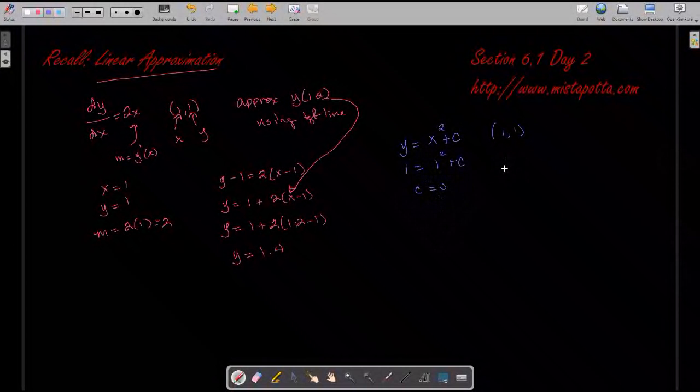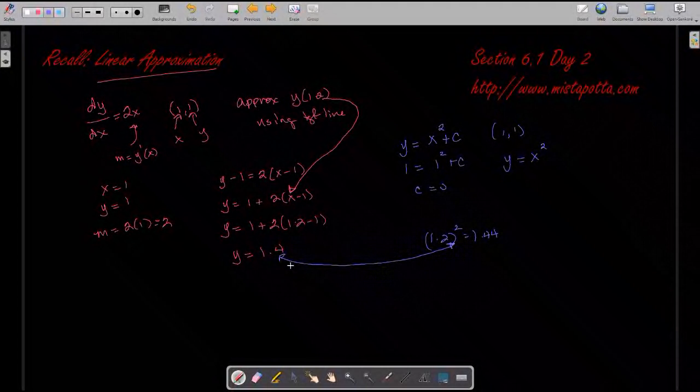And so I know that the particular solution I'm dealing with is just y equals x squared. And I also know that 1.2 squared equals 1.44. So this is a fairly good approximation.